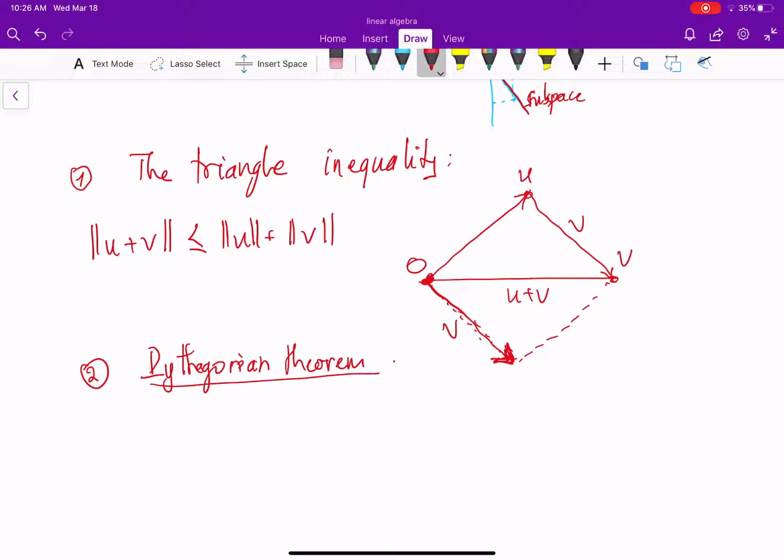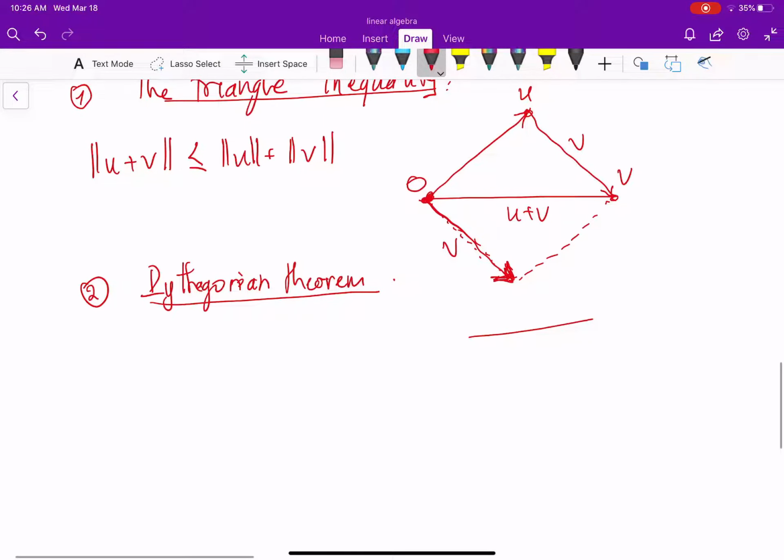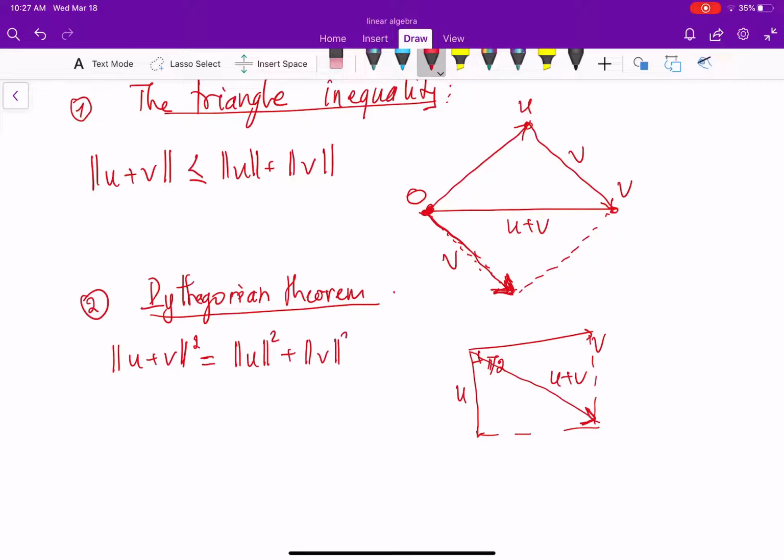The Pythagorean theorem says if we have two vectors, u and v, and suppose that they are orthogonal, meaning the angle between them is pi over 2, then the length of the sum of u and v squared is equal to the length of u squared plus the length of v squared.